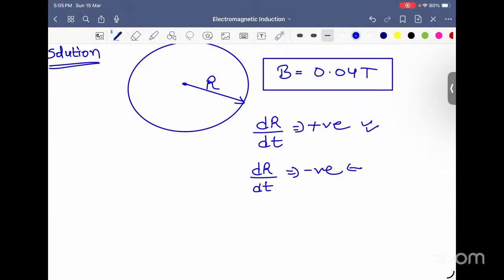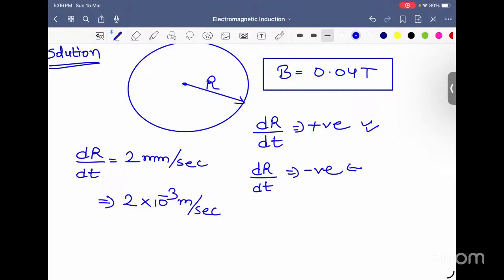It is negative by the way because it's shrinking, but we'll directly write the value. dr by dt is equal to 2 millimeter per second, so it is 2 into 10 to the power minus 3 meter per second. They're asking us the induced EMF in the loop when the radius is 2 centimeter.